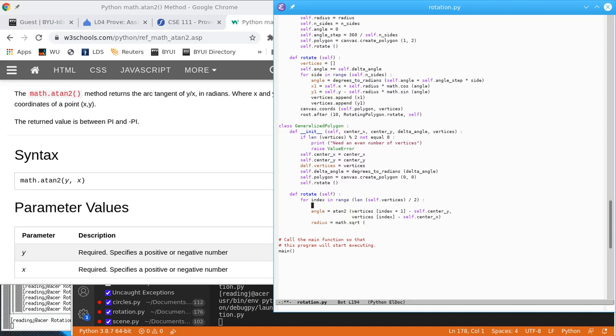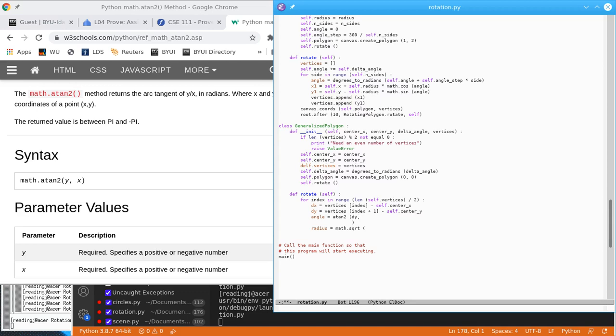Alright, so now I need a dx and a dy. Okay, dx equals that, dy equals this, so I'm going to need this measurement for the radius also. So I'm saving them in variables.